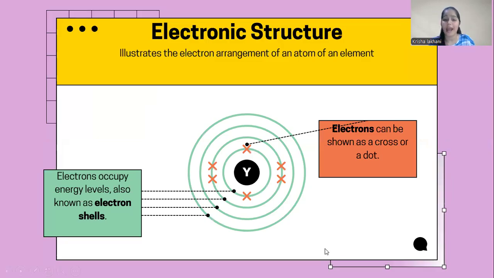The electronic structure is something like this. This is the whole atom, in which there is a dense nucleus colored black, which has protons and neutrons in it.